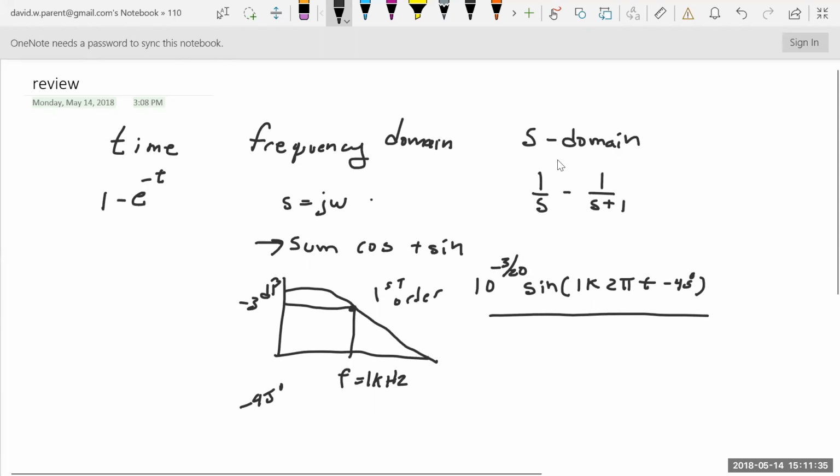Now, the S domain, sometimes it's best just to look at it from the top down. We have the imaginary and the real, right? Which is great for plotting roots, great for plotting poles. I tried to show plotting this in 3 dimensions, but really, you can see what's going on right from here.